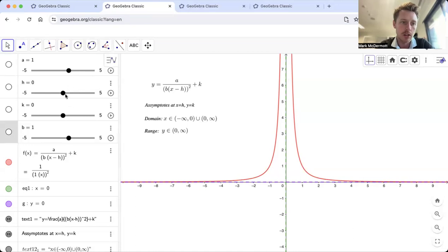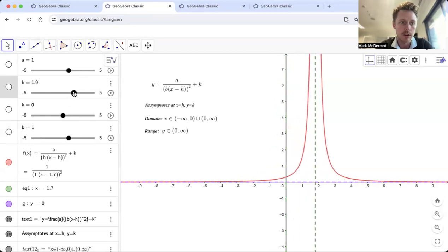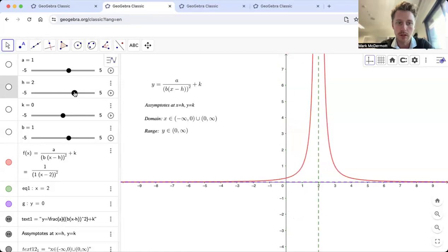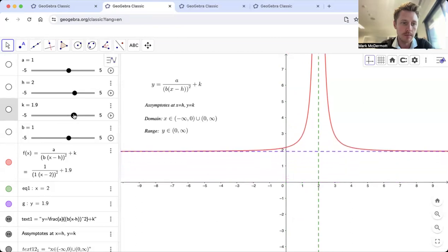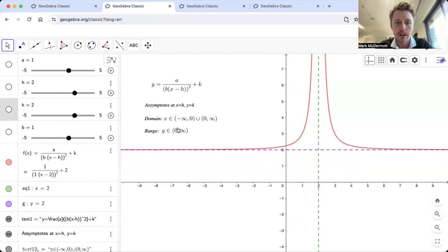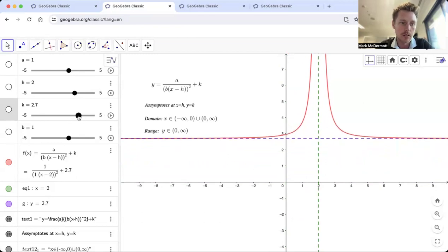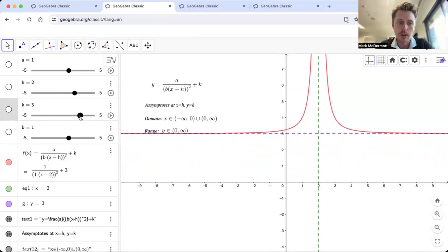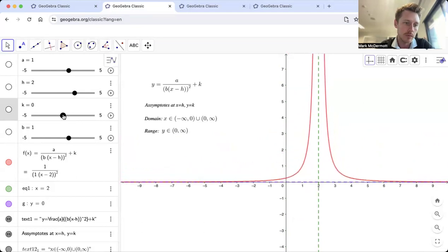So if I change H to be positive, it moves it to the right. So my vertical asymptote there is at x equals 2. And I can move my K value if I move it up. My horizontal asymptote is also at 2 in this case. But we can put it wherever we like. Okay, let's just put it back to normal.